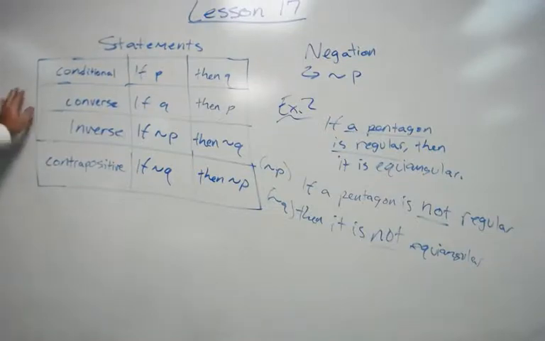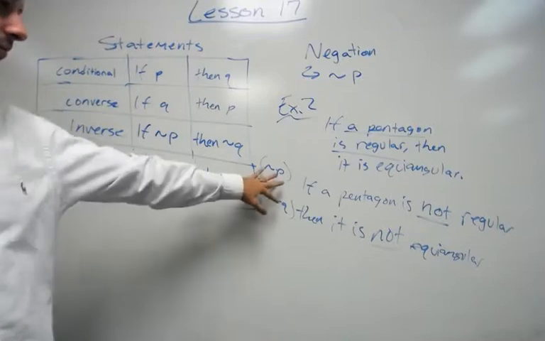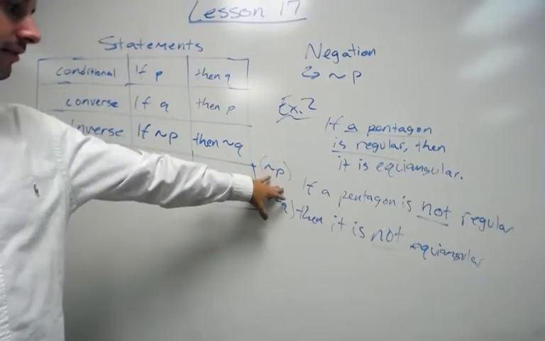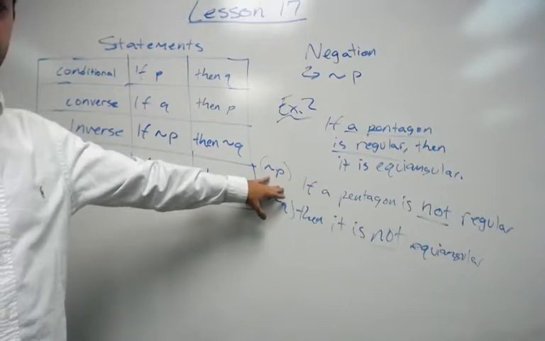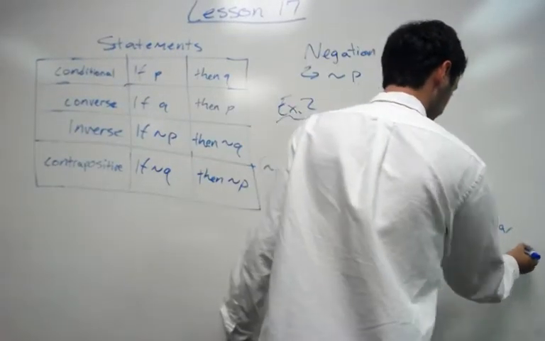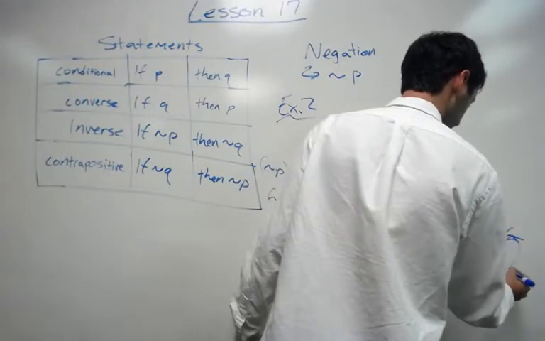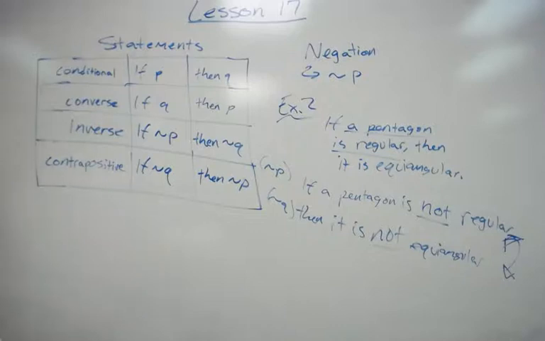If I was to make this statement contrapositive, I would say, if a pentagon is not equiangular, then it is not regular. So I would simply switch the regular and equiangular, is all I would do. And that's all contrapositive and inverse statements are.